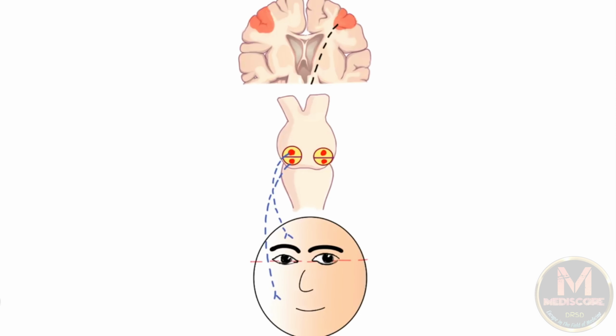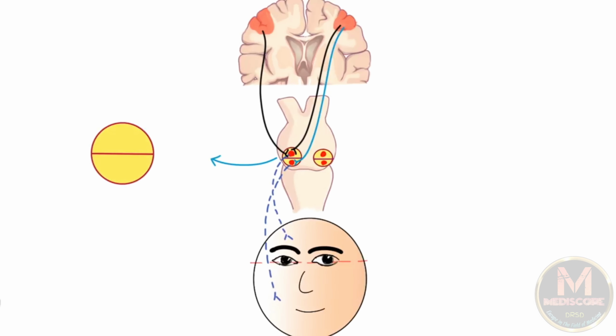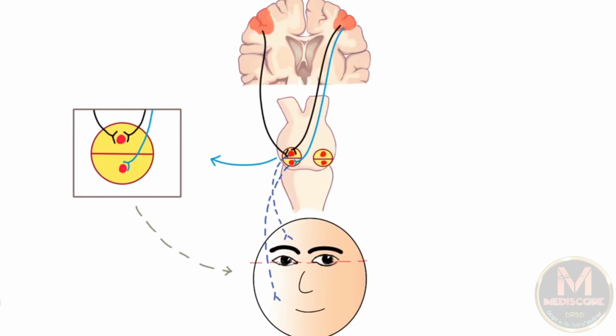So the upper facial nerve nuclei get contralateral and ipsilateral innervation from the cerebral cortex, whereas the lower facial nuclei are innervated only by the contralateral cerebral cortex. If you zoom in, you will see that the upper nuclei have bilateral innervation from both cortices, but only the contralateral cortex will innervate the lower facial nuclei.